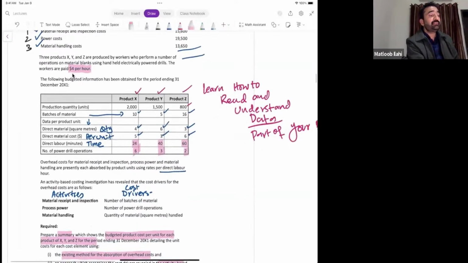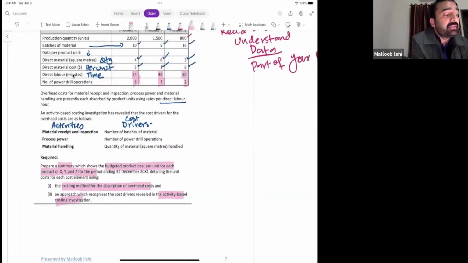Okay. And then you are told that currently the overheads are absorbed using direct labor hour basis. Okay. And now an ABC investigation or ABC analysis has been performed. And after that, following cost drivers have been identified for each activity.